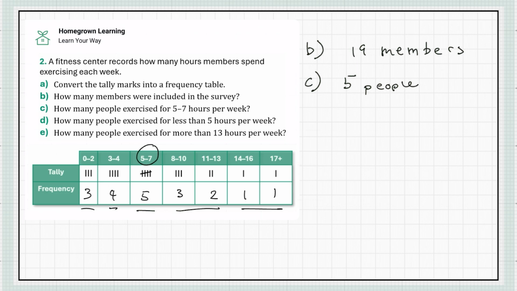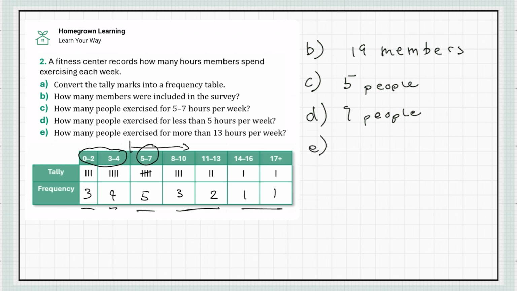Alright, so between those groups, 5 people. D, how many people exercise for less than 5 hours a week? When we talk about less than 5 hours, we can't use anything beyond this point. Everything beyond this point is 5 hours or more, so we're only worried about these 2 here. So that's 7 people, the 3 plus the 4.